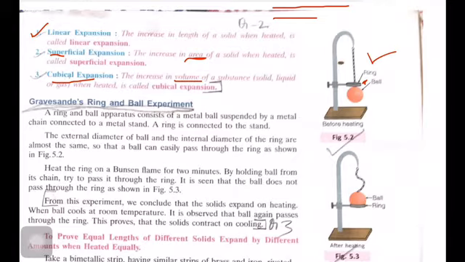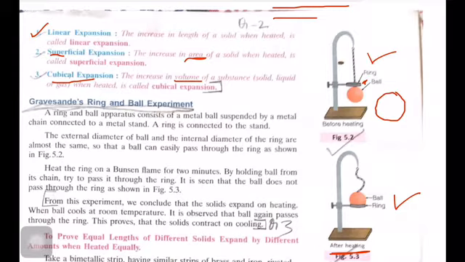Through this ring, this ball can easily pass, as it is just the same size as the ring. Now if we increase the temperature of this ball, if we heat it, what will happen? The size of this ball will increase. After heating, we observe that we are not able to pass this ball through the same size ring. This experiment shows that the size of the metal or matter increases when you heat it.